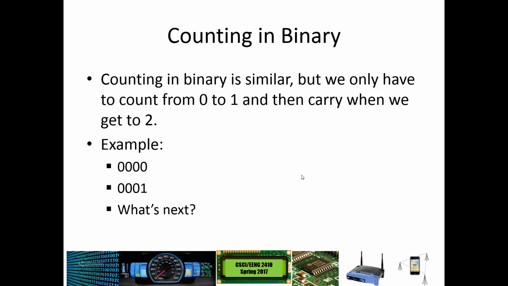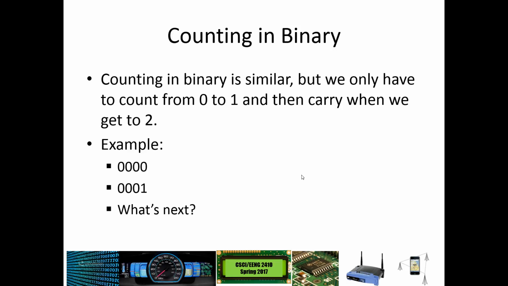In binary, we do something very similar, but in that case, remember the base only has available digits 0 and 1. And so in this case, we count 0 and 1. There is no 2 in base 2, so once we get beyond 1 and we would count up to 2, we have to carry over to the next digit and then 0 out the first.